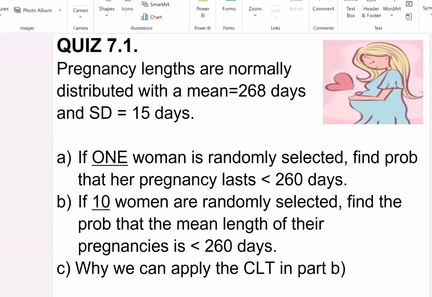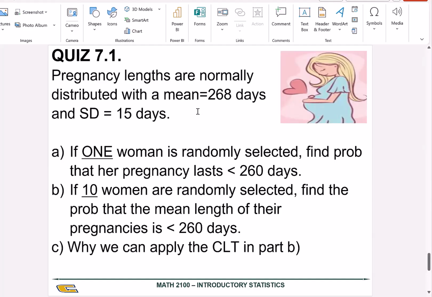So now we look at quiz 7.1. Pregnancy lengths are normally distributed with mean 268 and standard deviation 15 days. In part A, if one woman is randomly selected, find the probability that her pregnancy lasts less than 260 days.